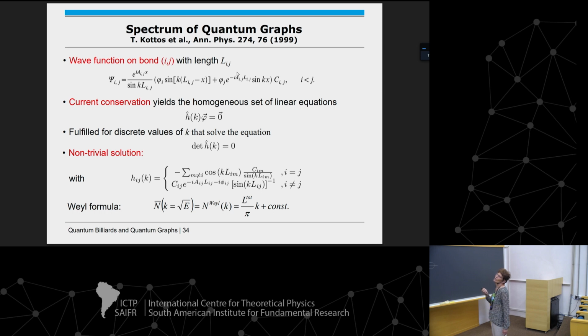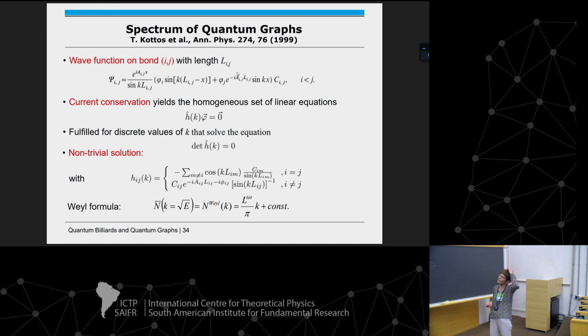So then it's equal to phi I multiplied with this phase, and this phase will also cancel out. For x equal to 0, that's what you have. When you have x equal to Lij, this part vanishes, the phase will cancel again with this one, and you will have sinus k Lij divided by sinus k Lij, so it will be equal to phi j. So it fulfills the continuity conditions.